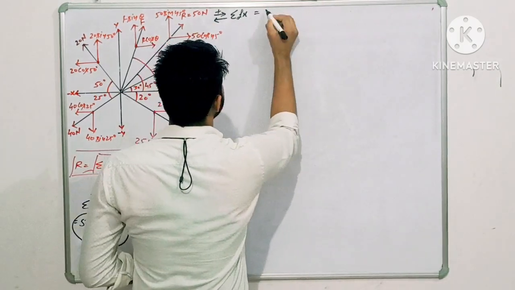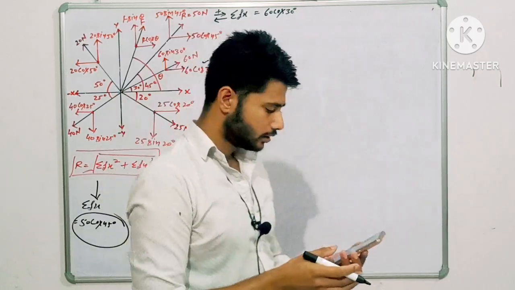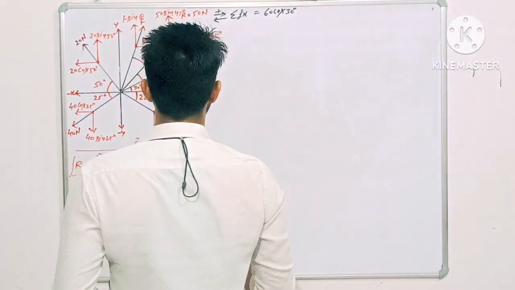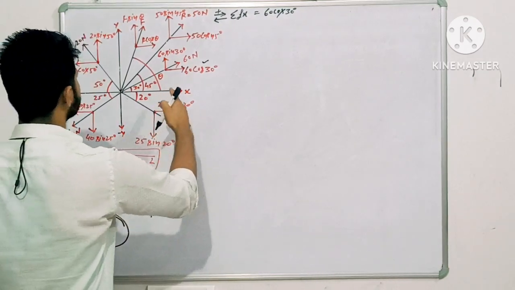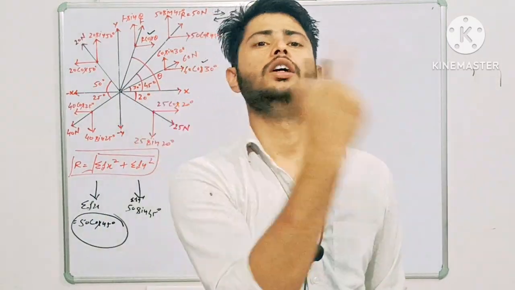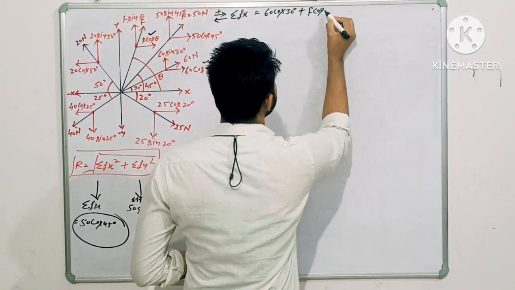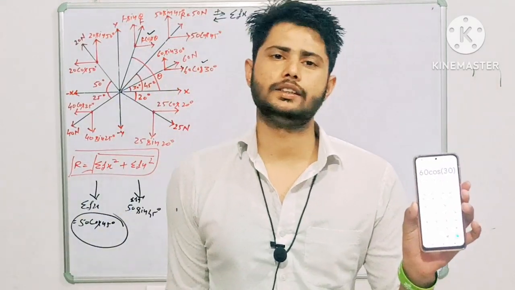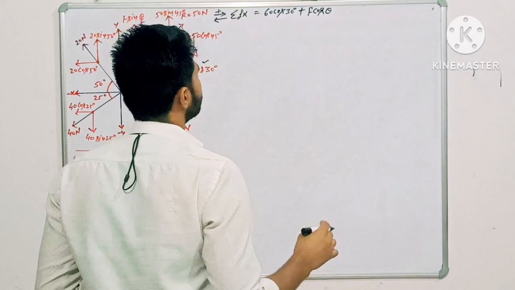Summation of Fx is 60 cos 30 degrees, closing the bracket. Second is F cos theta. F cos theta is going in the right direction, so you also have to take it positive: plus F cos theta. We cannot add this here because the value of theta has not been given.